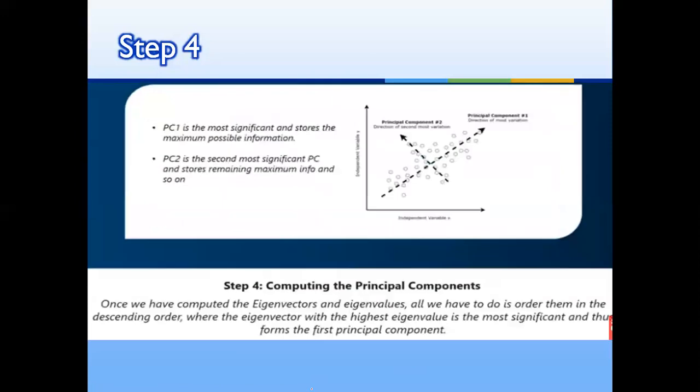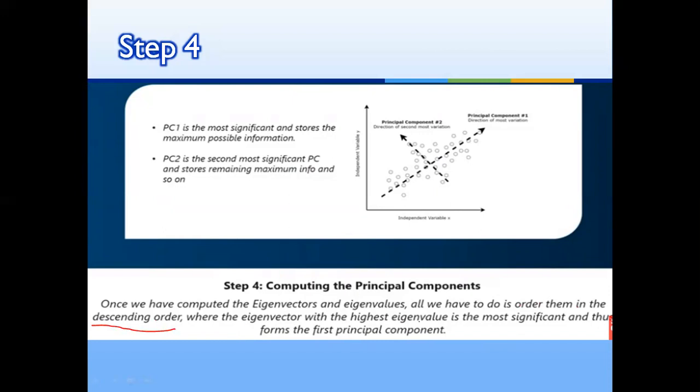So after calculating eigenvectors and eigenvalues, we can calculate the principal components, right? Once you have calculated these eigenvectors, this eigenvector matrix represents the principal components in the data set. Once you have calculated these eigenvectors and eigenvalues, all we have to do is organize all these eigenvectors in descending order of their eigenvalues, right?